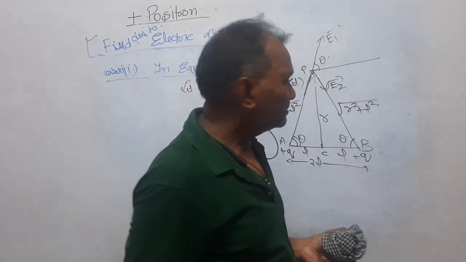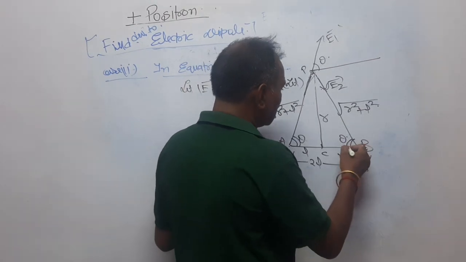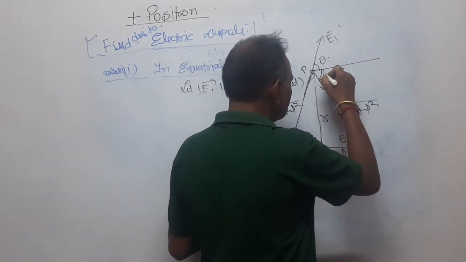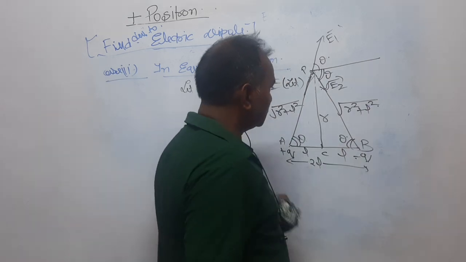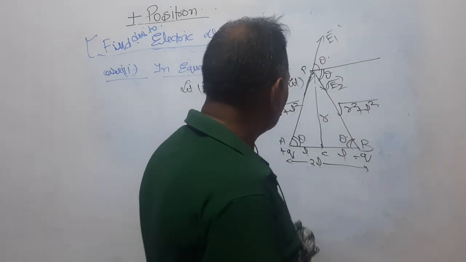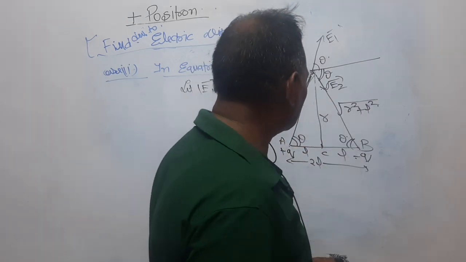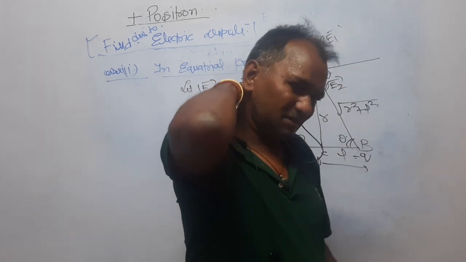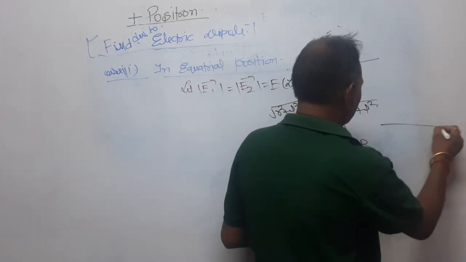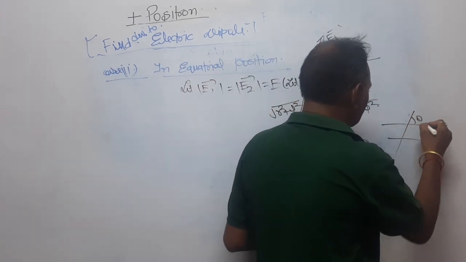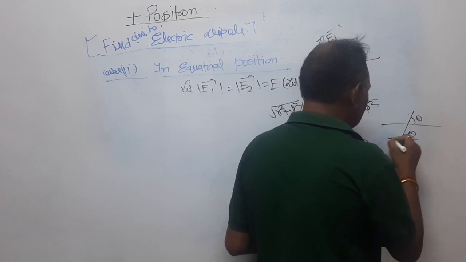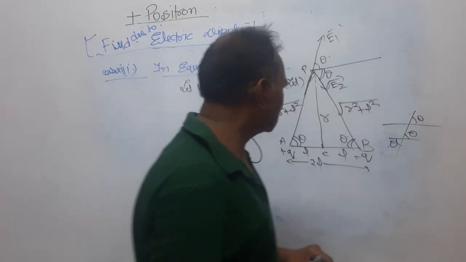If these are the two lines, this theta, then this theta, and this theta, then this theta, you can say opposite angles in this case.